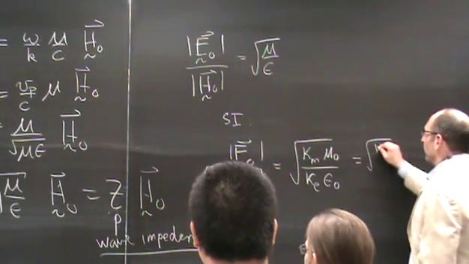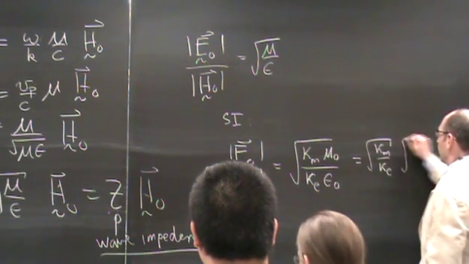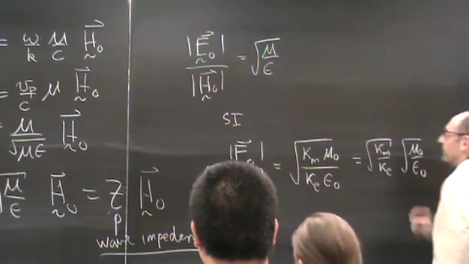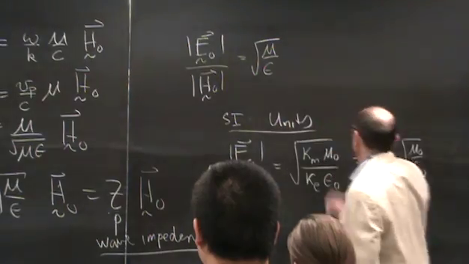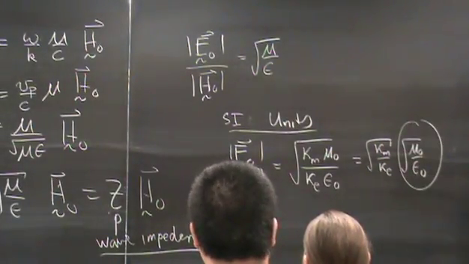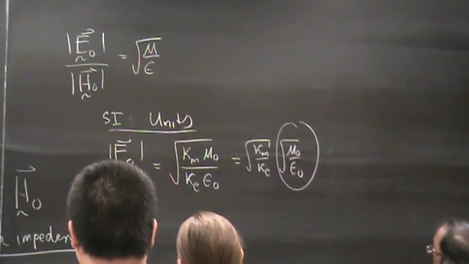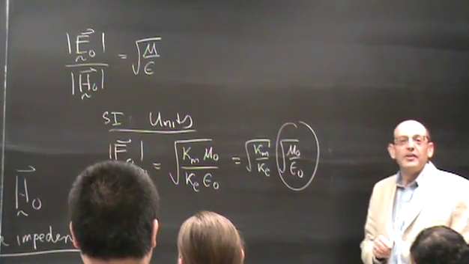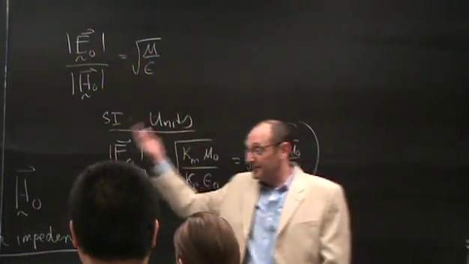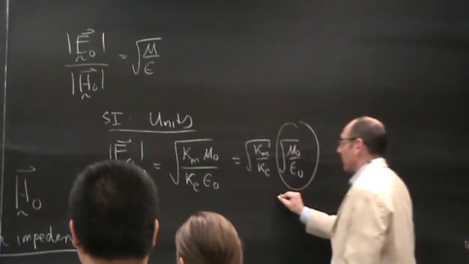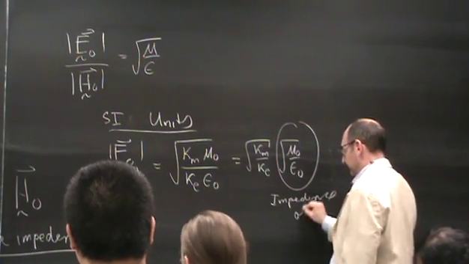So this is the square root of kappa magnetic over kappa electric, times the square root of mu naught over epsilon naught. This is SI units. This thing has units. It's not a dimensionless quantity. It actually has the units of resistance, because impedance is a resistance, right? And this is known as the impedance of free space.